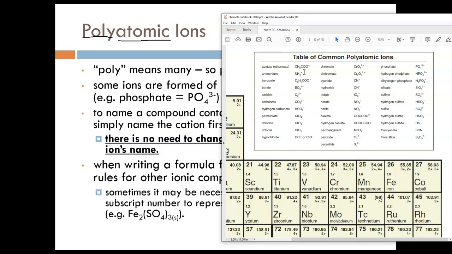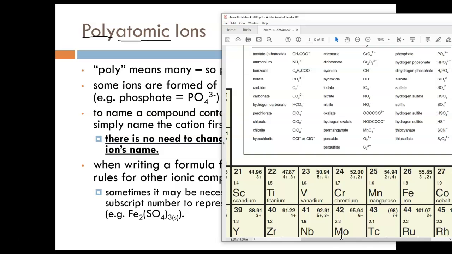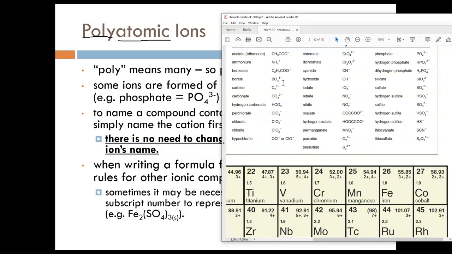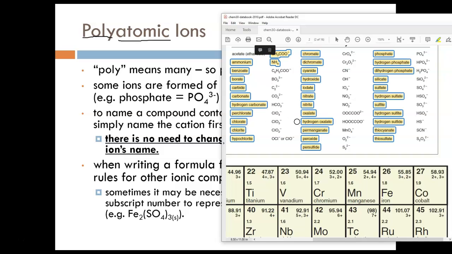And we have other sorts of polyatomic ions here. I'm just going to make this a little bit bigger. What's important to note about these is they all have an ion charge associated with them. So you're going to treat them just like any other non-metal ion. The only other one I want to highlight on here, and I'll actually physically highlight it, is ammonium. Oh, I highlighted everything. Good job. Okay.